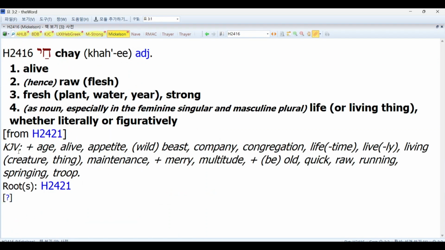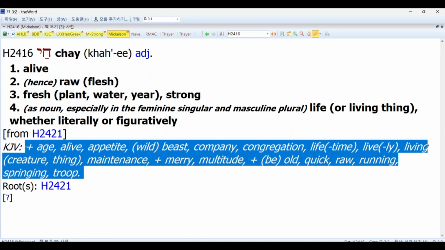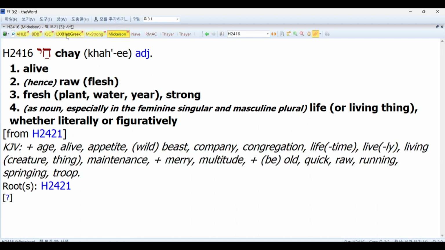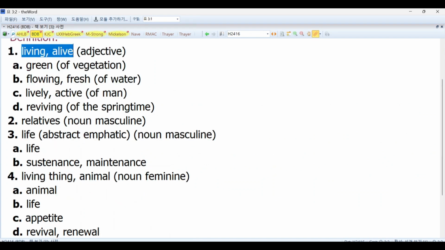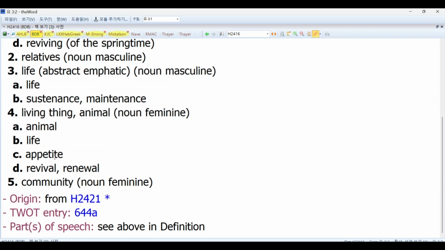But if you look at the King James right here, you can see how many different words they translated. We know as Christians, most Christians in the continental USA, the King James Bible is the most popular Bible read by many churches. But the definition is living and alive, and they translate it as beast.